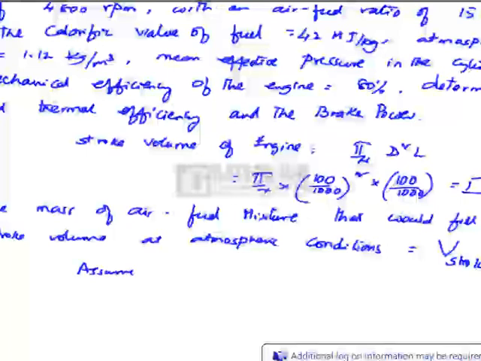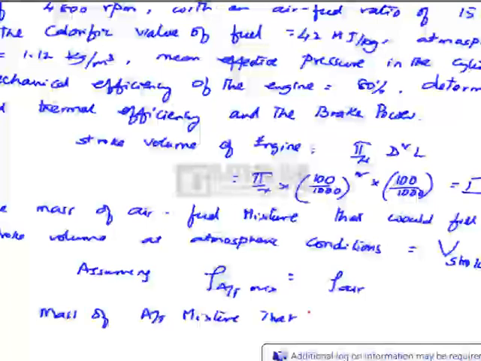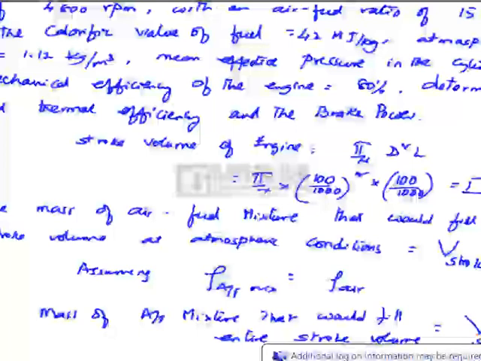Assuming the density of the air fuel mixture as the density of atmospheric air, we get the mass of air fuel mixture that would fill the entire stroke volume equal to V stroke, already calculated as pi by 4 d square L, into 1.12, that is the atmospheric air density, which is assumed as the density of the air fuel mixture.